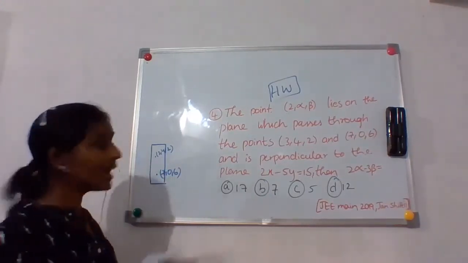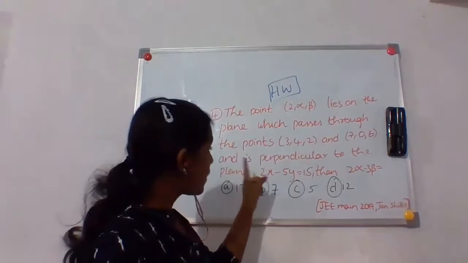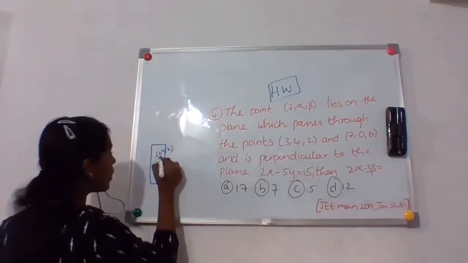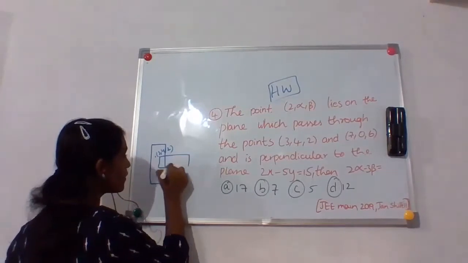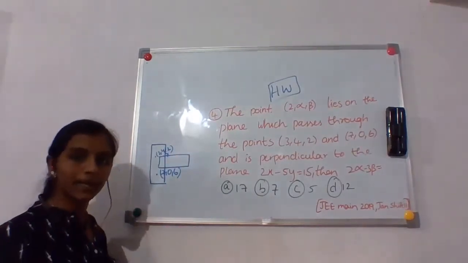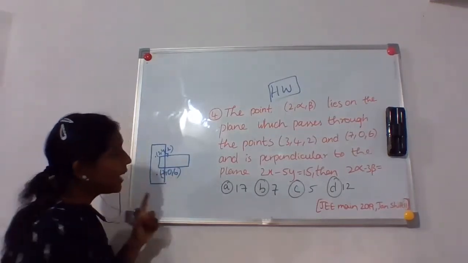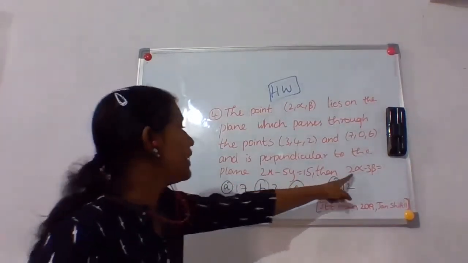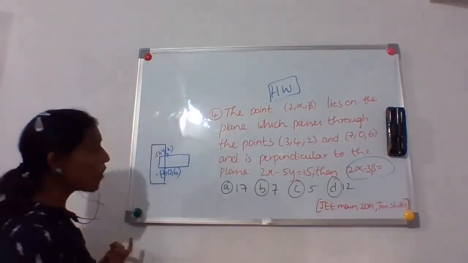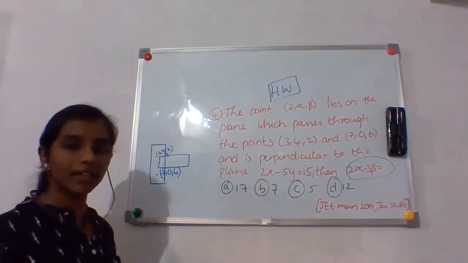Then he gave that the required plane is perpendicular to another plane also. So there is another plane, perpendicular to the required plane. Now, what do I need to find? What all things do I have, and what do I have to find out?